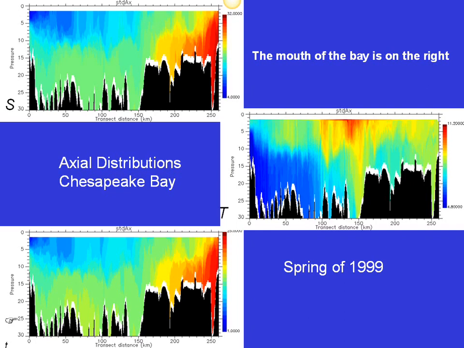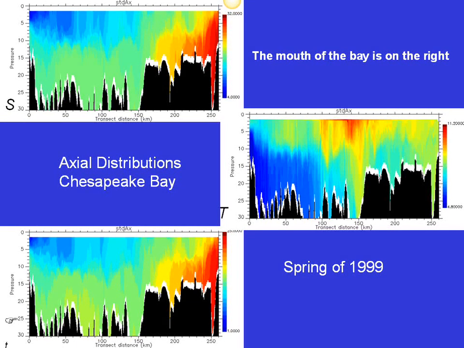For those of you who took my class last semester, you generated those contour plots of thermal expansion and saline contraction. I hope that you learned something from drawing those. I didn't understand the concept until I drew those contours myself. So hopefully you got something out of it.